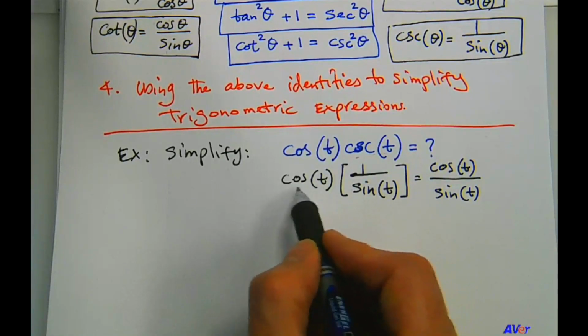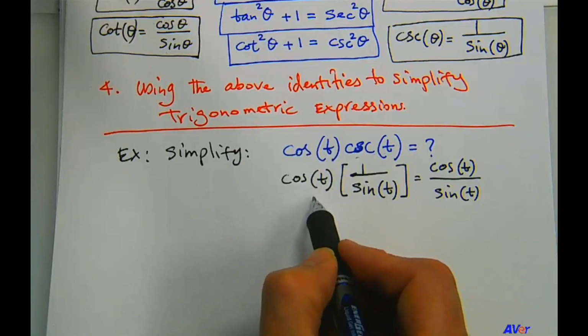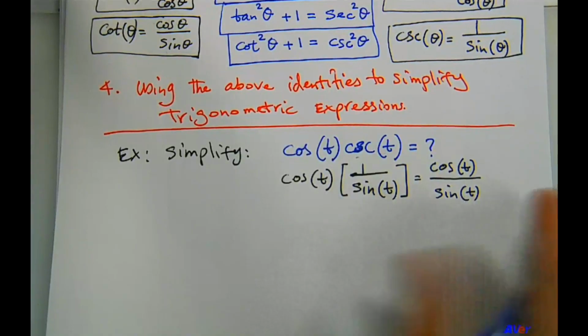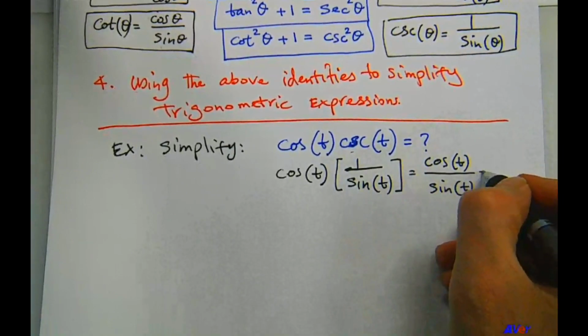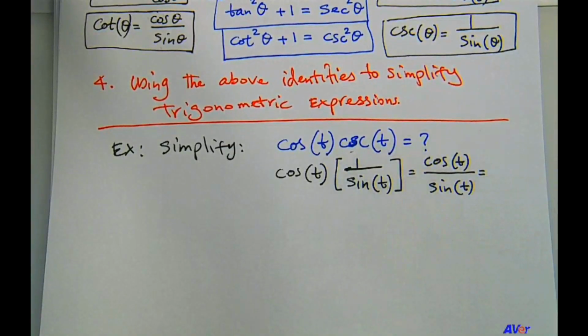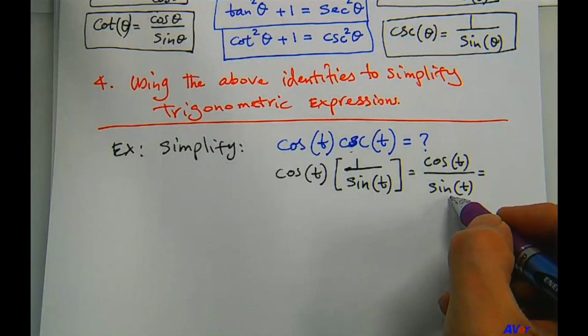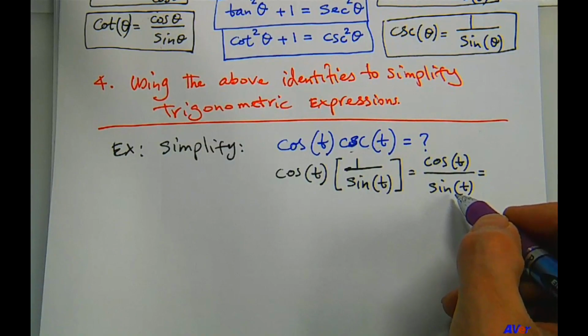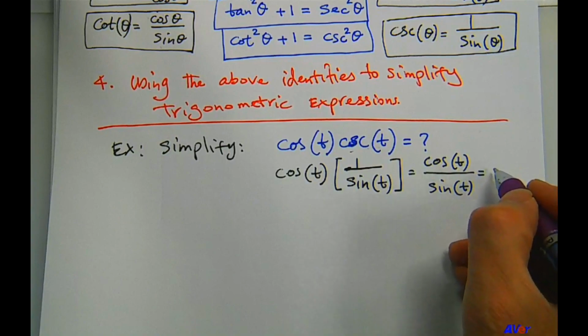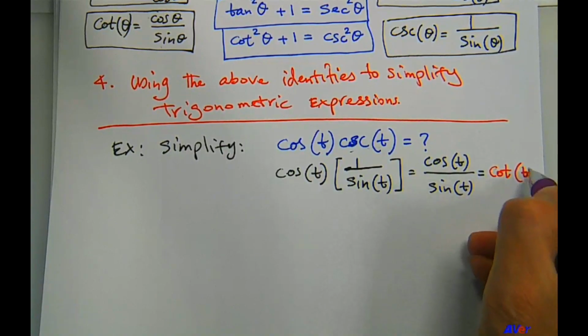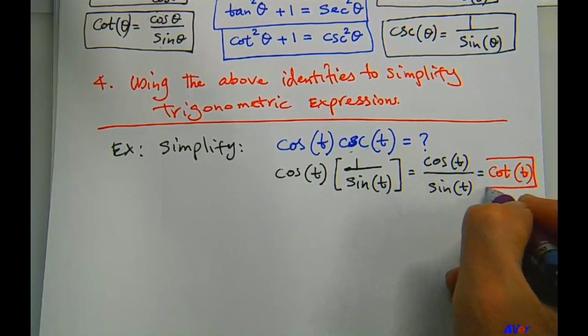I'm not going to write it down, but cosine of t has a denominator 1. 1 times that is sine of t. Simplifying this, we get cosine divided by sine. What trigonometric function does that represent? Do you remember? Cosine divided by sine is cotangent of t. So cotangent of t, like that.